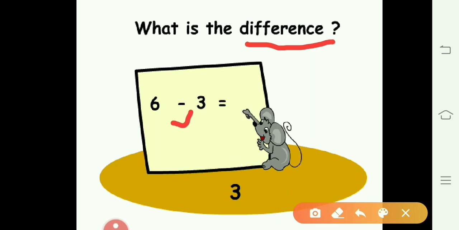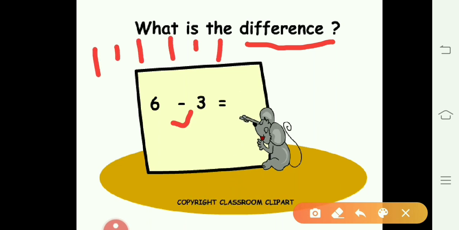First number you have to open on your fingers. I cannot show you the fingers, but I can draw lines. 1, 2, 3, 4, 5 and 6. Then the second number is 3, so you have to take away 3. You can cut away 1, 2, 3. Now count the remaining: 1, 2 and 3, and 3 is your answer. So this is how we are doing the sums, right?